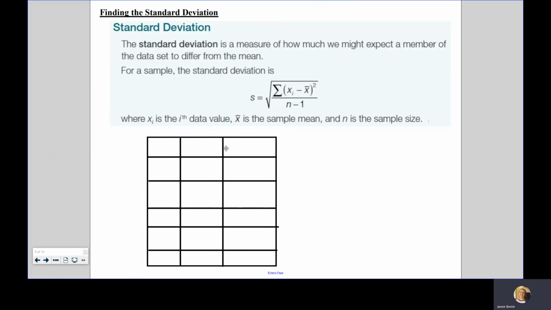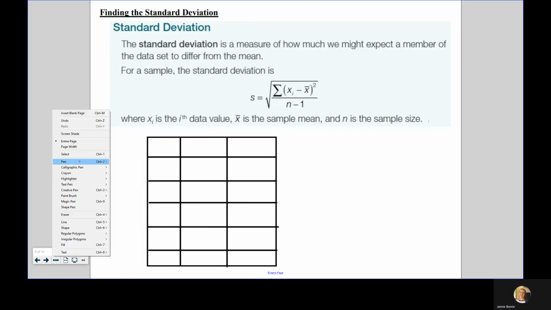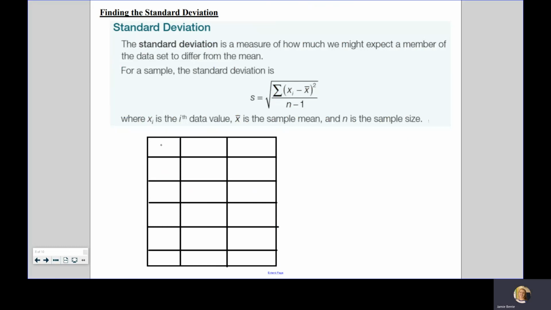I think I want to move it over a little. Like that. Okay, perfect. All right, so this isn't perfect. You can see I just kind of threw this together. It's okay if it's not perfect. This first row is going to tell us what we need to write down.